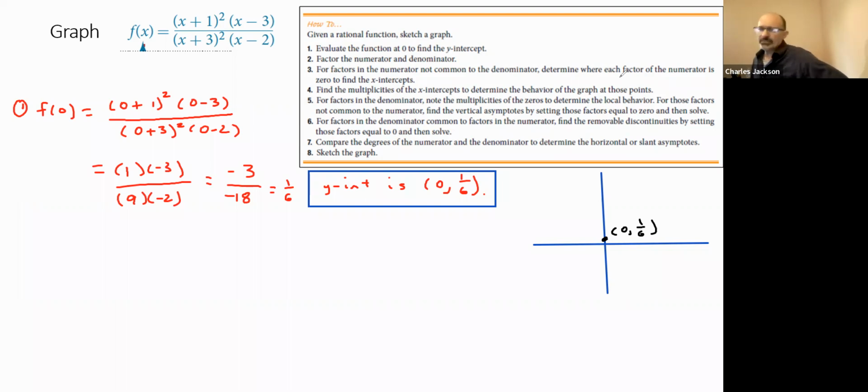Determine where each factor of the numerator is 0 to find the x-intercepts. And you can see that there is no factor common to the numerator and denominator. Okay, you can't cancel anything here. Right? It's not like you could cancel the x's out from inside the parentheses. That doesn't work.